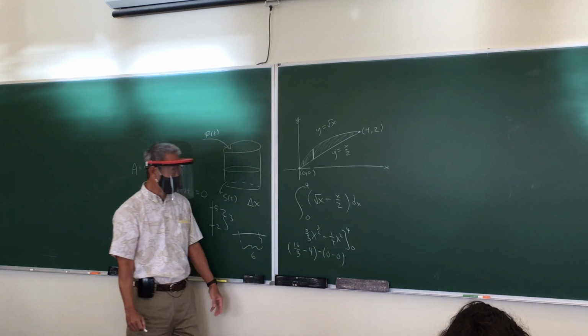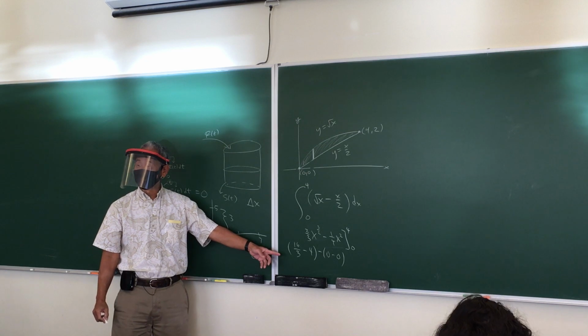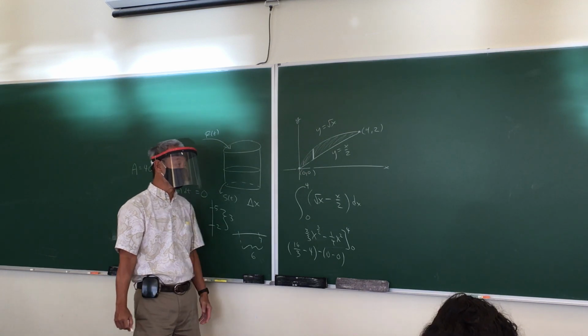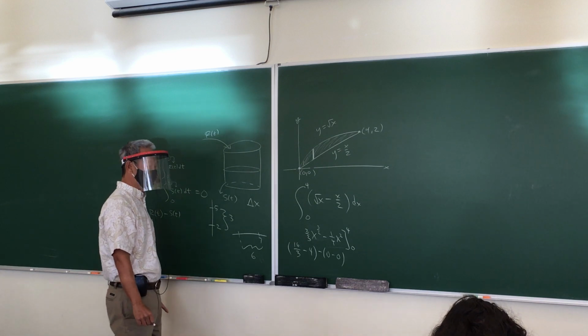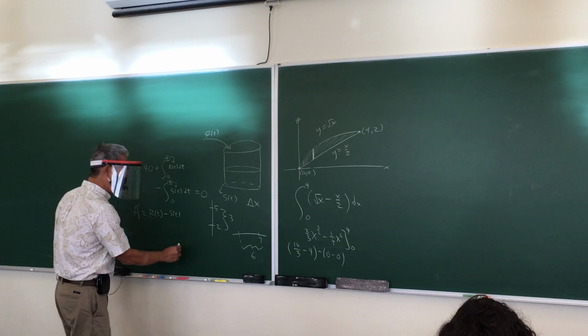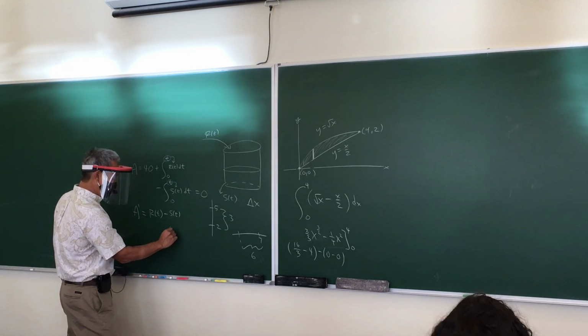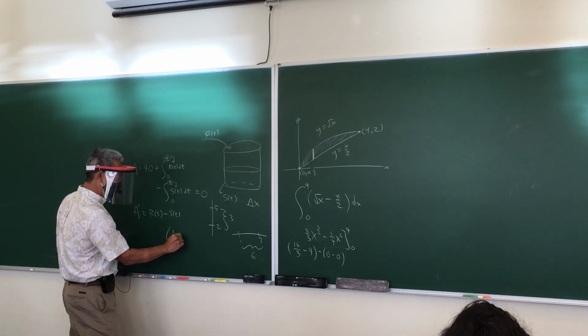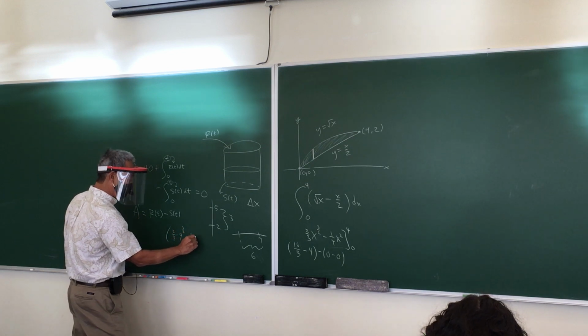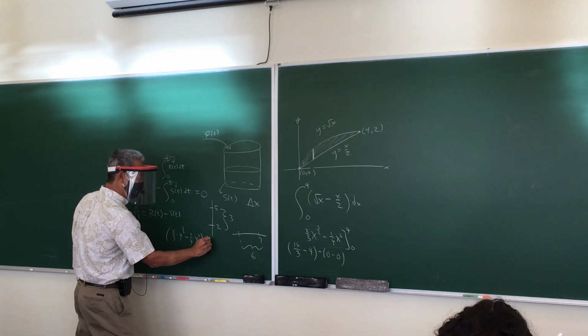Now on the AP exam, that's full credit right there. In fact, you know what? I don't want to tell you this because you're going to say, why are we doing all this, Mr. Park? Because this is only AP exam rules. On the AP exam, you can just do this: 2/3 times 4 to the 3/2 power minus 1/4 times 4 squared minus 0 minus 0.